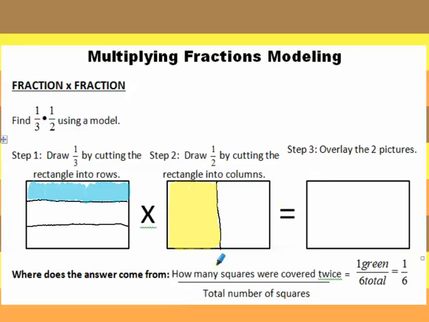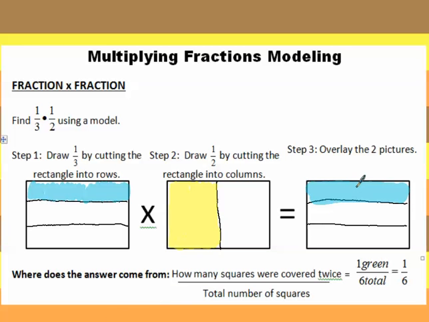Alright. Now the step 3 says to overlay the 2 pictures. So I'm going to draw the first picture, which was my 1/3 first. Color blue. Okay, so there's my 1/3.